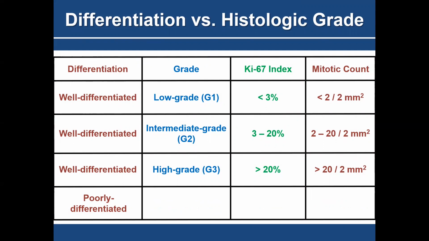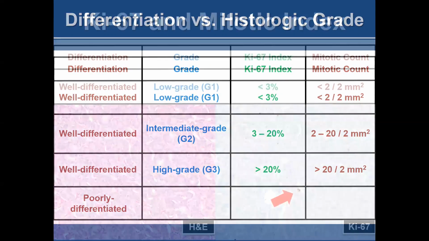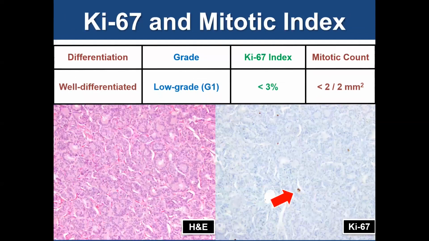Histologic grade is strictly for well-differentiated pancreatic neuroendocrine tumors and categorized using a combination of both Ki67 and mitotic figures. Of note, mitotic count should be measured by evaluating an area of 10 millimeters squared, but only reported as per 2 millimeters squared. So why don't we go through a few examples of histologic grades?